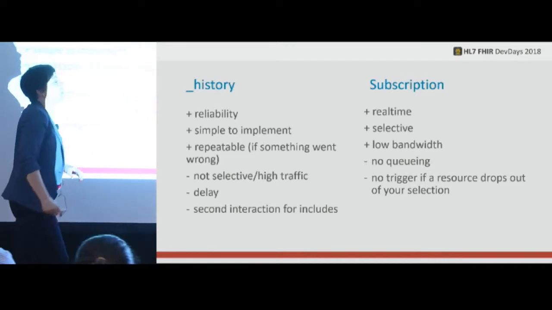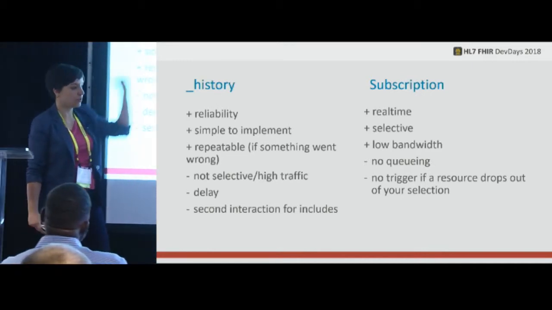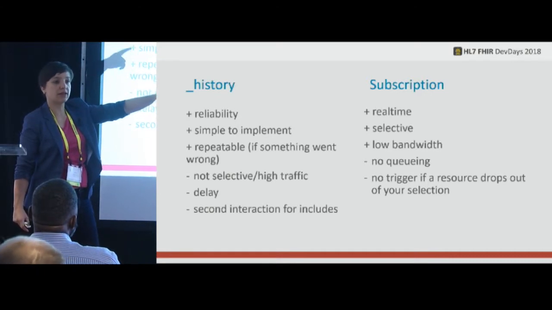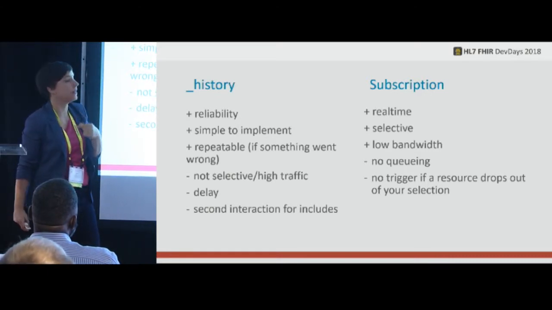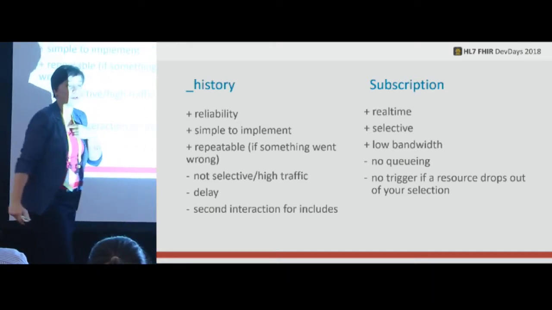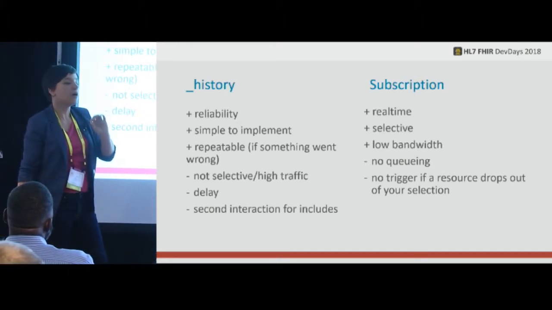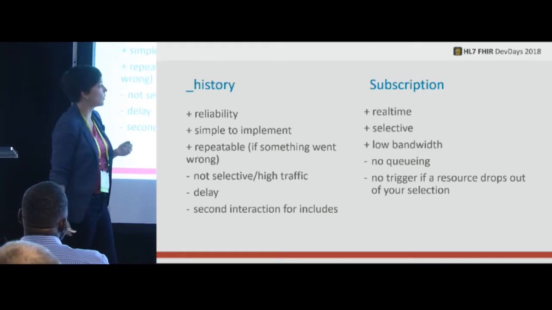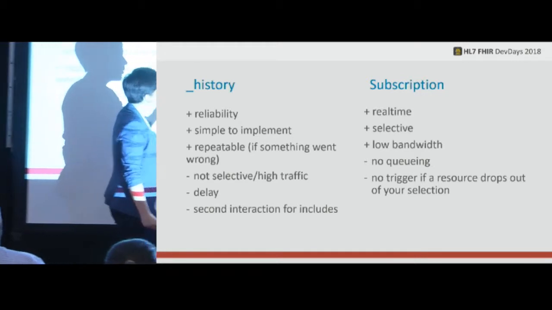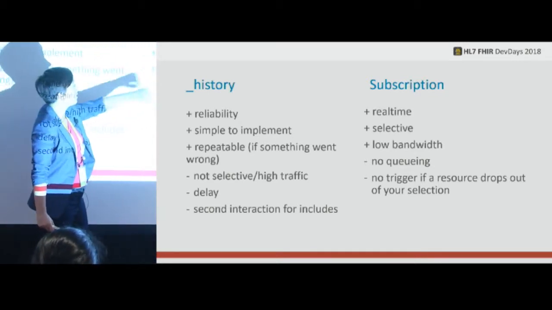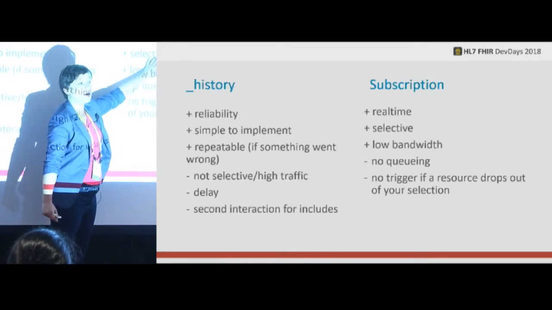By using a subscription, you post a subscription resource on the FHIR server with a search criteria telling the server what you are interested in. Whenever anything that happens on the server matches your criteria, you receive a ping from the server, and you know that there's new information there that you can query and retrieve. That's good because it allows some kind of real-time interaction, and it also allows you to be very selective.